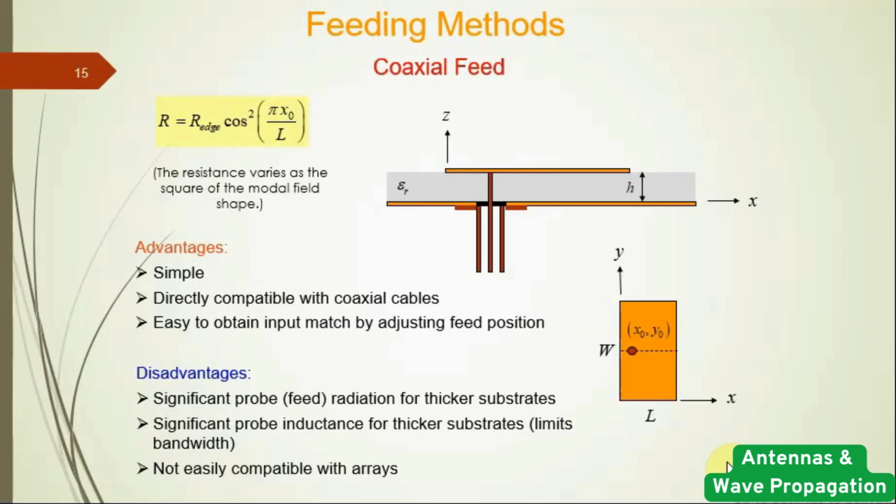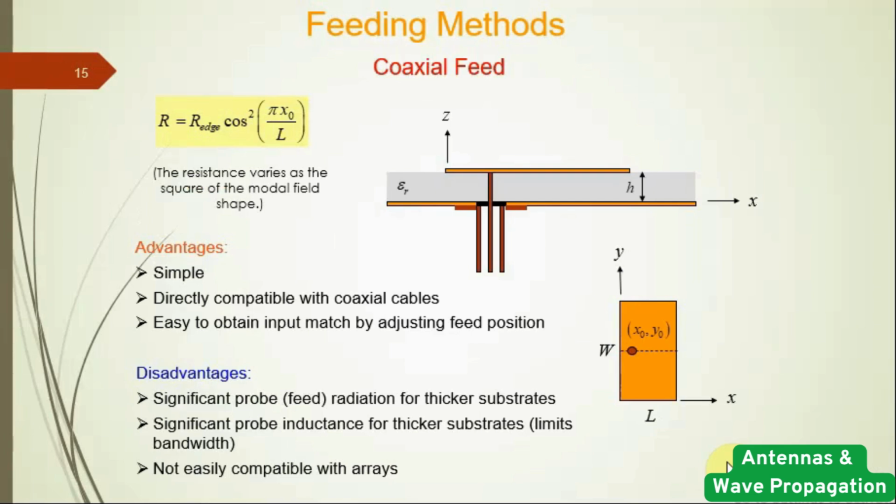The coaxial feed, or otherwise called the probe feed, is a very common technique used for feeding microstrip antennas. The inner conductor of the coaxial connector extends through the dielectric and is soldered to the radiating patch, while the outer conductor is connected to the ground plane. The position of the feed can be altered to control the impedance.